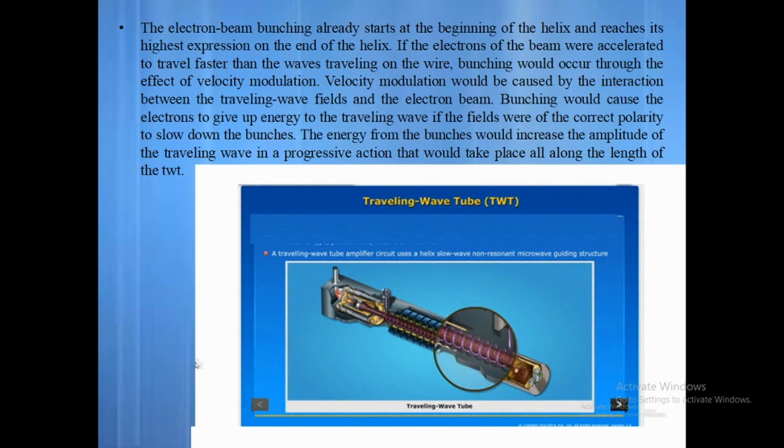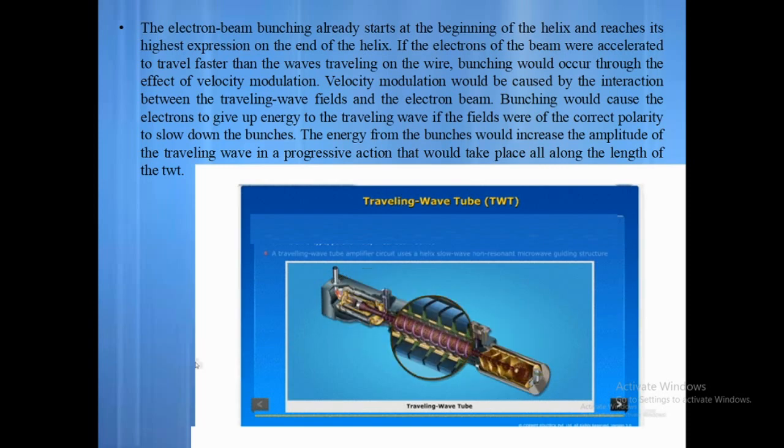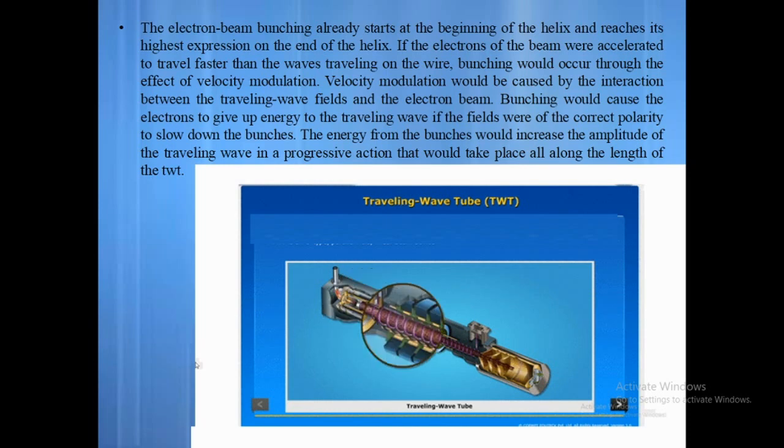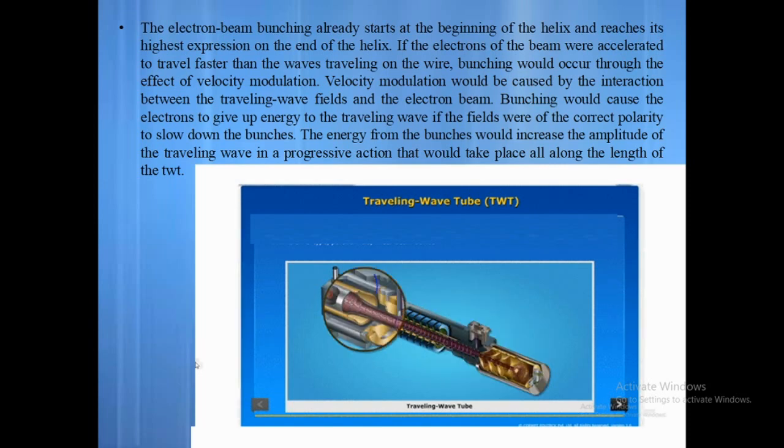We know that velocity modulation is nothing but, due to the combination of early electrons and late electrons, the bunching process begins. It means here the transit time taken by the accelerating electrons will be less. Hence, the transit time will be considered.